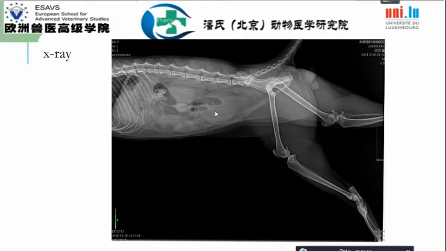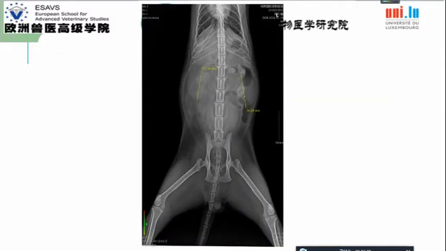Before I do the X-ray, we also need to prepare the urinary bladder. If it is too big, we need to take a little bit of urine out.